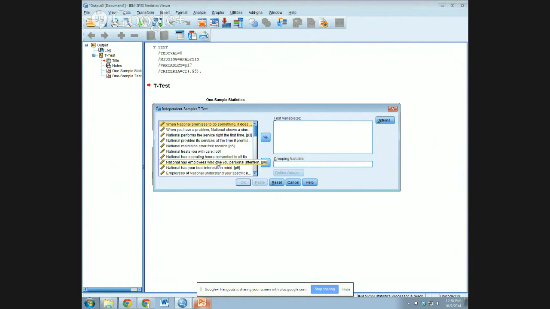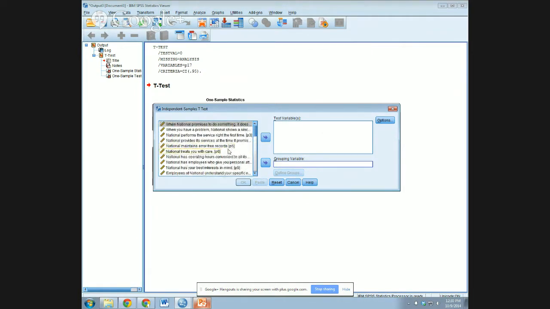I mentioned before the independent samples t-test as being male coffee drinkers versus female coffee drinkers. We need to define what the groups are. So we would define male, we would define female. Well, that's the same thing here. We need to define which two groups there are.